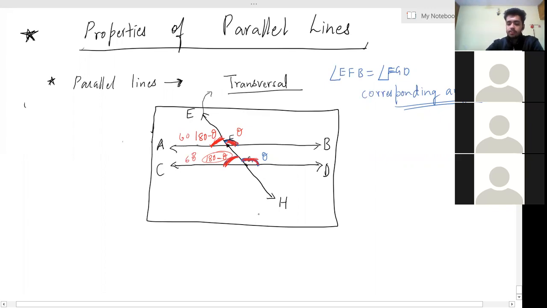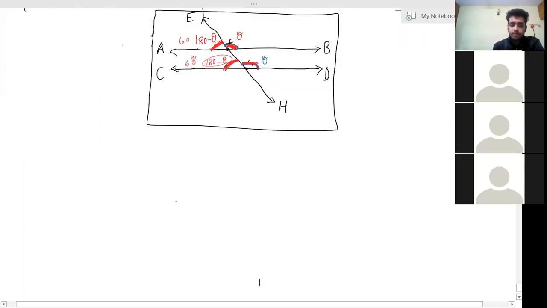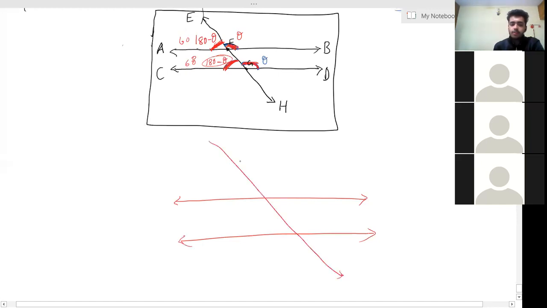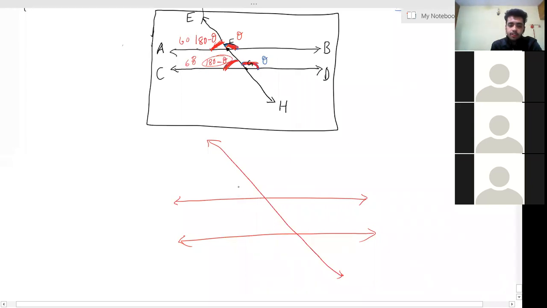Then next, let me draw it again. This time in red. Again, I have the two parallel lines. I have the transversal. Now, another set of angles are equal to each other. Look at this angle. Okay, this is one angle.